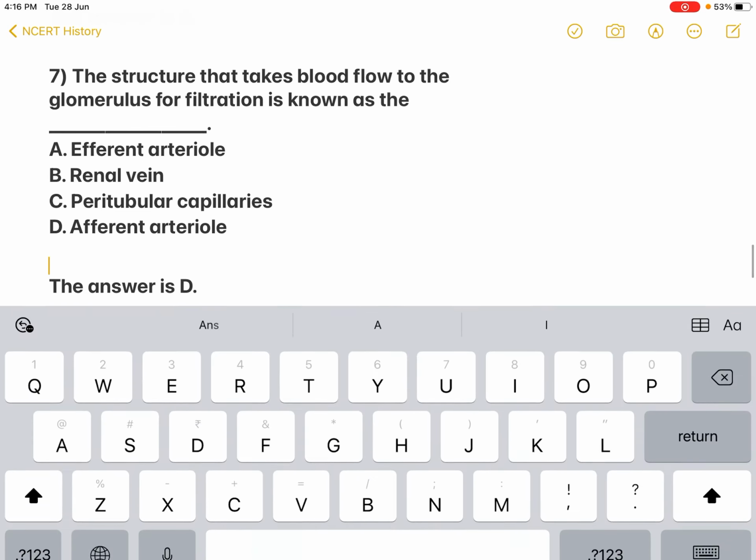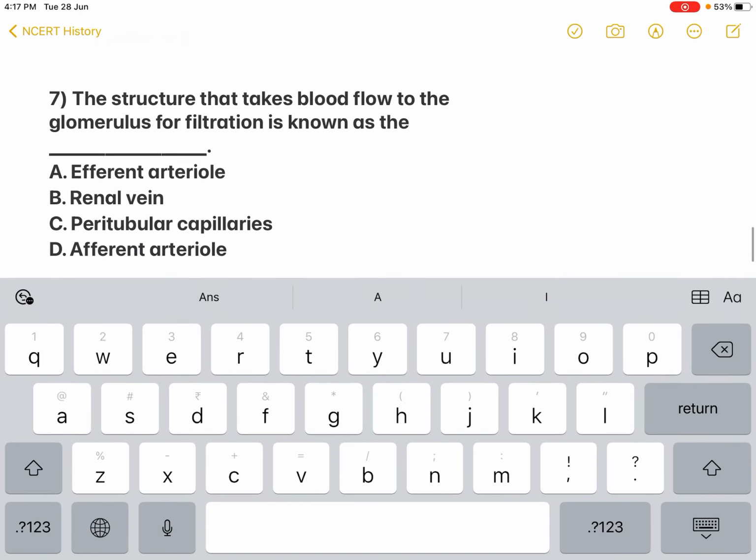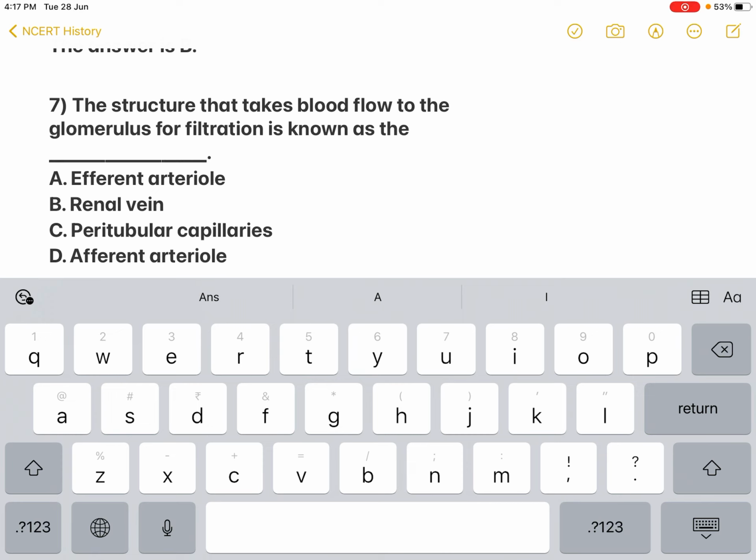Next question. The structure that takes blood to the glomerulus for filtration is known as: option A, efferent arteriole; option B, renal vein; option C, peritubular capillaries; option D, afferent arteriole. Correct answer here is afferent arteriole.